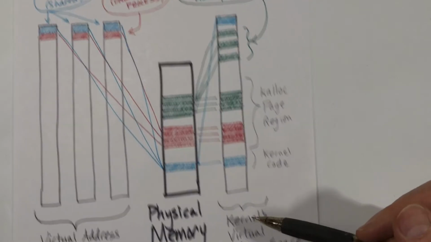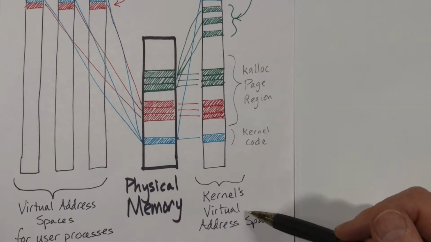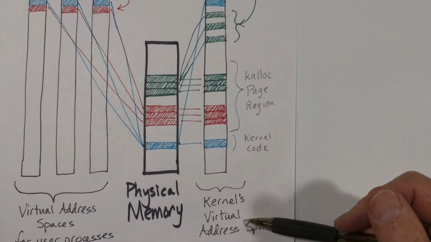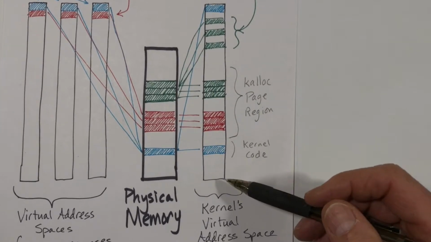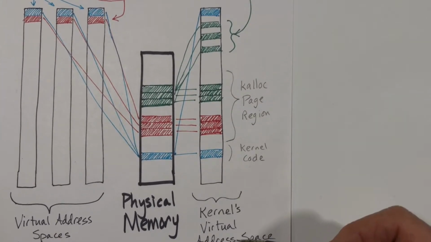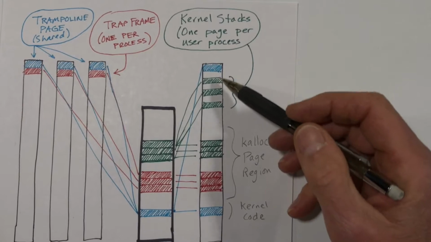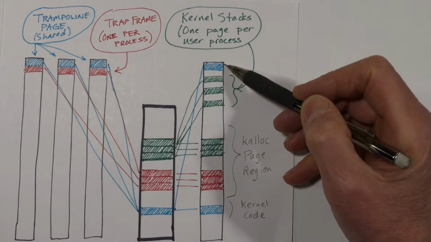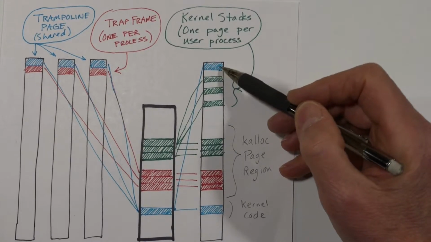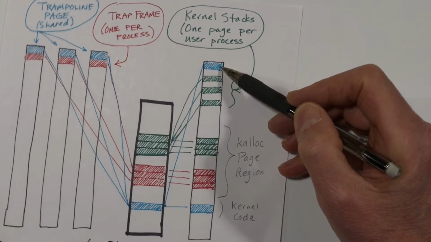There is exactly one virtual address space for the kernel, and all the kernel code will use the same address space. All the cores will share this one virtual address space. And it contains a number of things, but in particular I want to point out it contains the trampoline page at the very top of the address space.